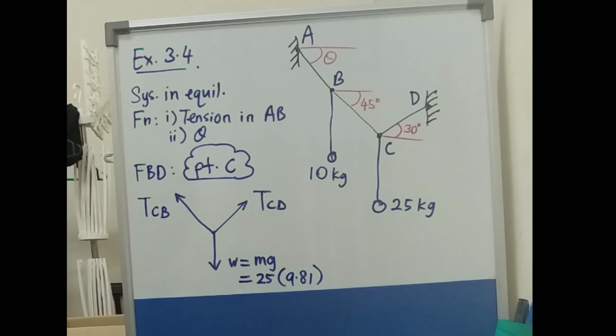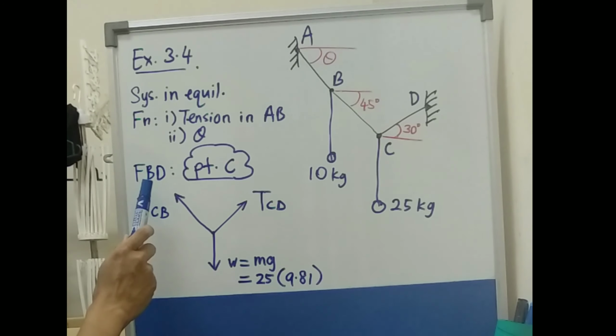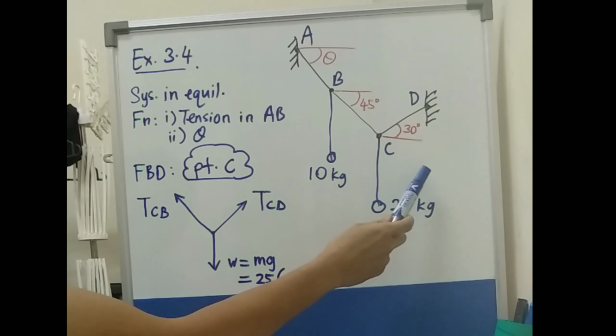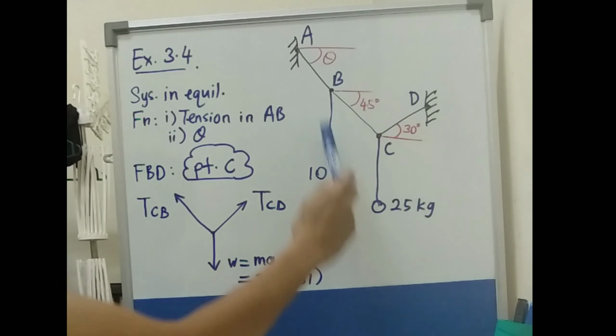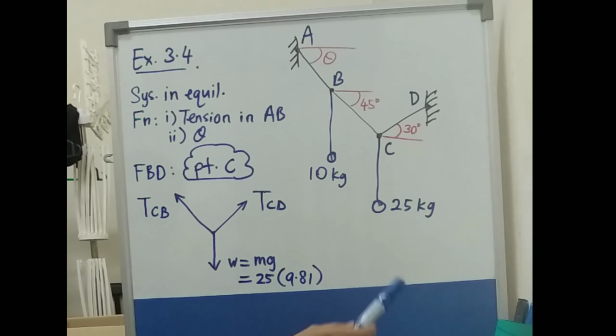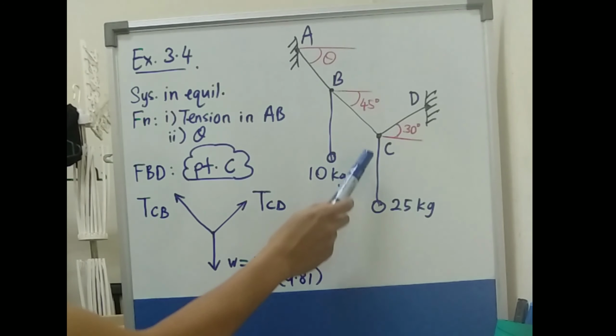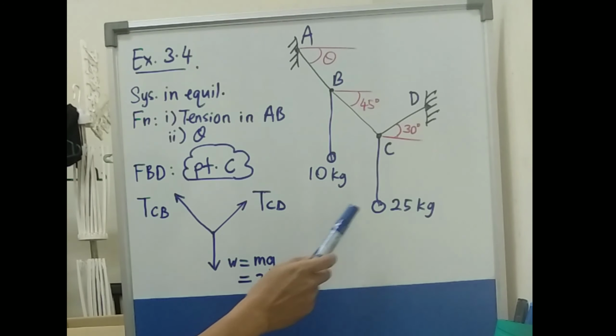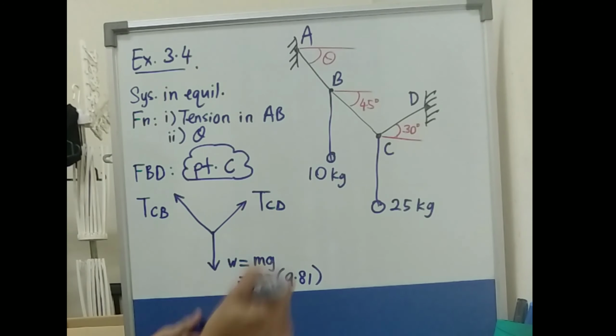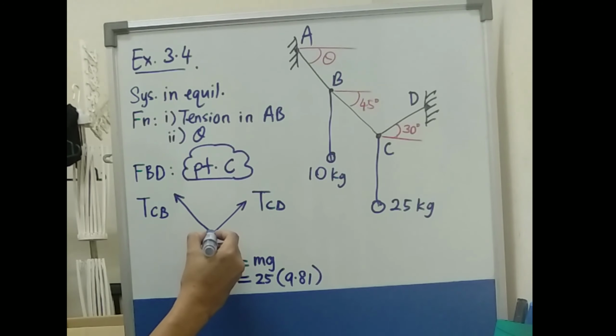Remember, for this equilibrium problem, what you need to do first is to draw your FBD. You can start at point C. At point C you have this mass of 25 kg.